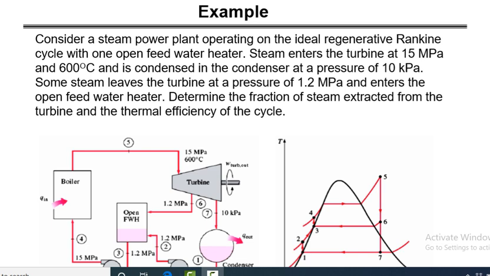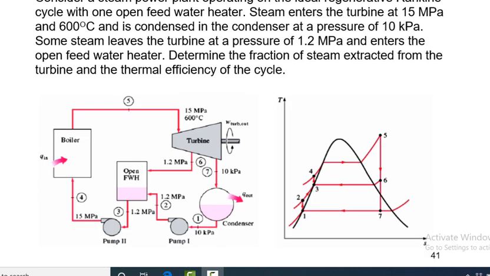Again the steam is expanded in the turbine section, the work output is done in this section, and then the steam leaves the turbine and enters the condenser section. At that time the pressure of the steam is 10 kilopascal.